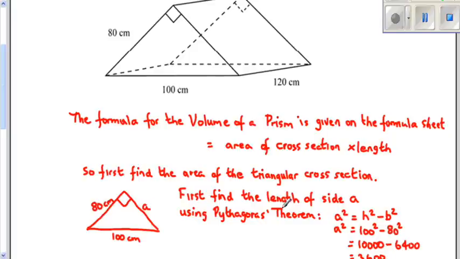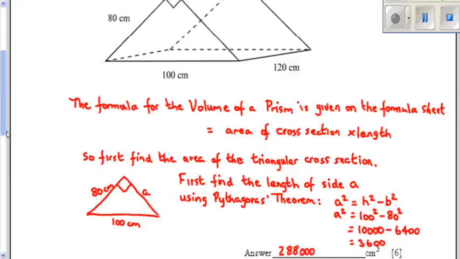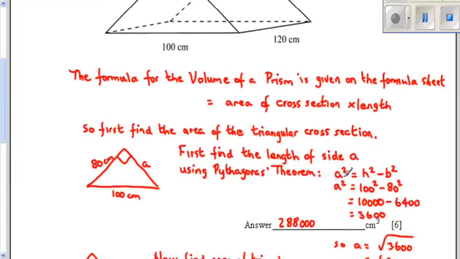You need to remember that Pythagoras' theorem tells you that A squared, this missing short side squared, is equal to the hypotenuse squared, take away B squared, the other short side squared. So now we can fill in the missing numbers.